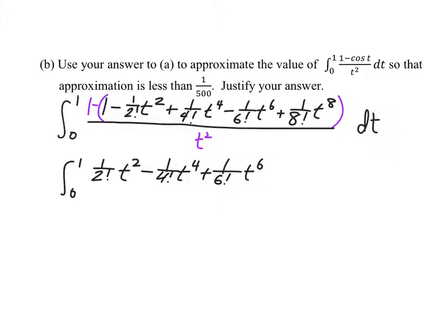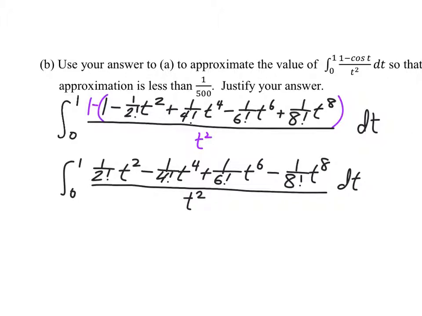And it would help if I actually reversed the signs. And that's all over t squared, which means that I can anti-differentiate once I divide out the t squared.